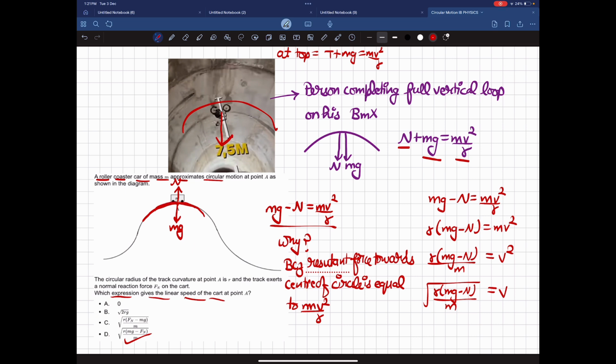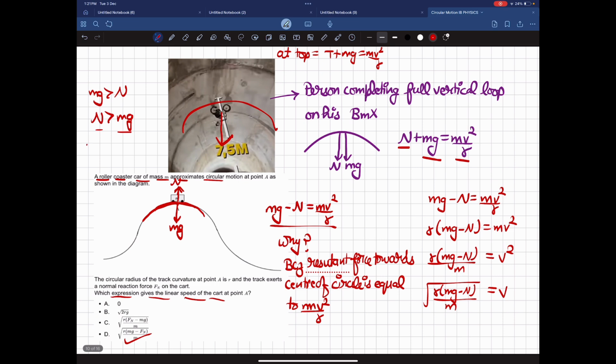Now just think about it. Should mg be larger than normal, or normal should be larger than mg? With a little bit of common sense, we can say that mg should be larger than normal, because if normal is larger than mg, then the ride will fly into the air, right? So mg should be greater than normal.